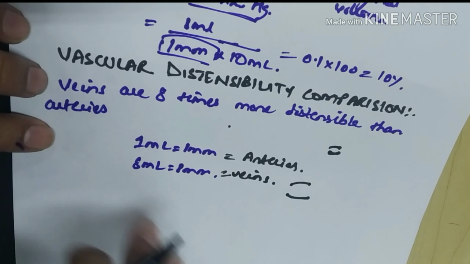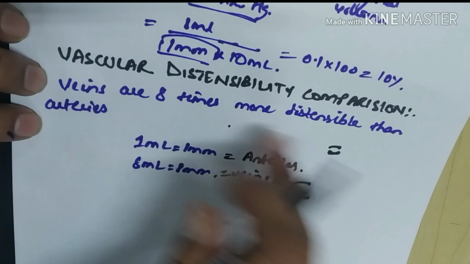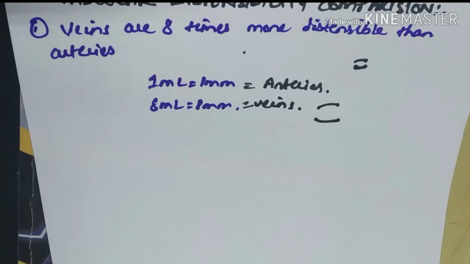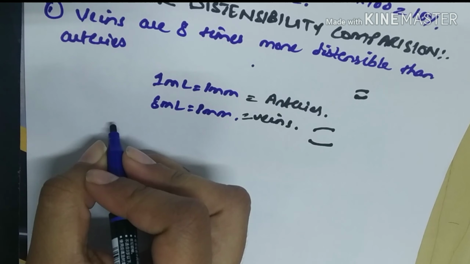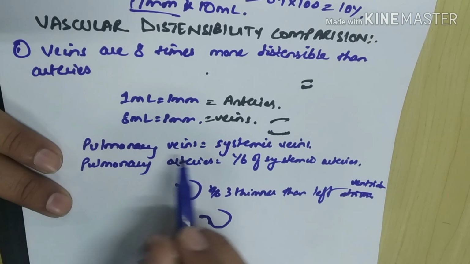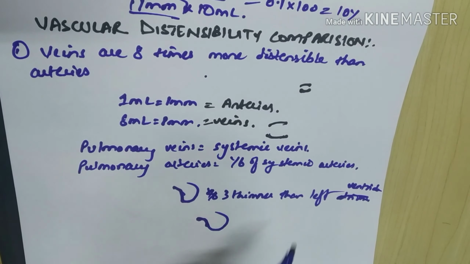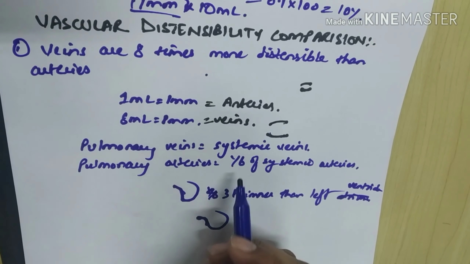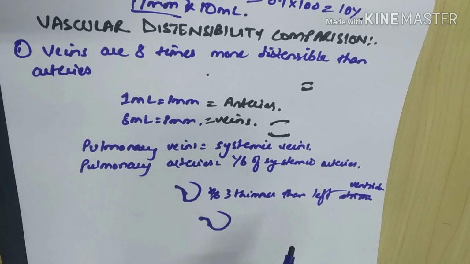This is how the veins being 8 times more distensible than the arteries can be explained. Now I'll talk about the pulmonary veins and systemic veins comparison, and the pulmonary arteries and systemic arteries comparison. Pulmonary veins distensibility is equal to systemic veins distensibility, but pulmonary arteries distensibility isn't equal to systemic arteries distensibility.